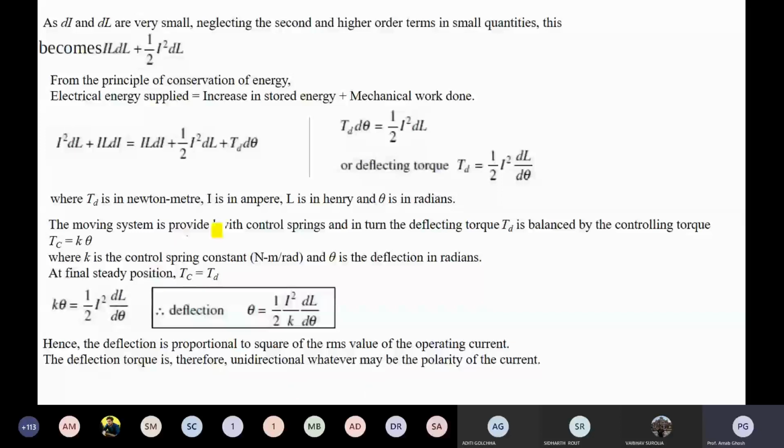As di and dL are very small, neglecting the second and higher order terms in small quantities, this will become I L di plus half I square dL.